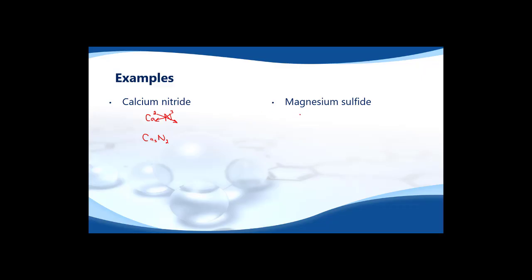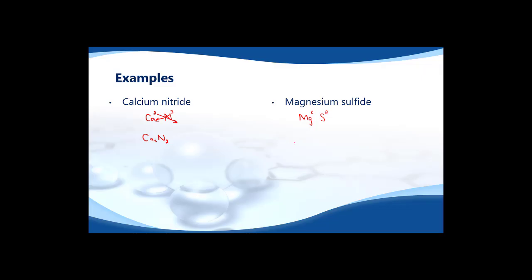Okay, magnesium sulfide. We're going to start off with a magnesium ion. Magnesium is Mg with a 2+. Sulfide is S with a 2-. Now you notice something happens here. +2 and -2. They naturally cancel each other out, right? So if I go through this process, I'm going to get rid of the plus, I'm going to get rid of the minus.